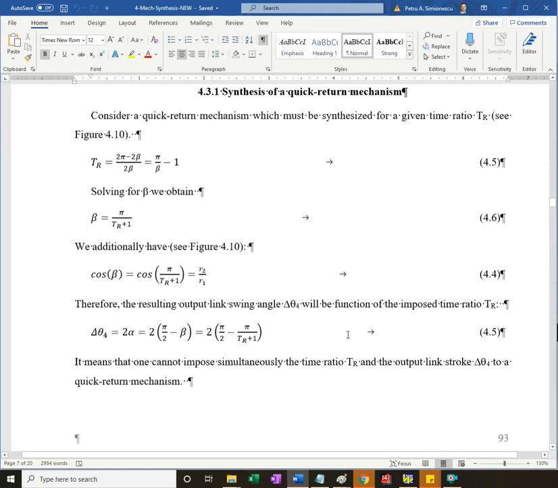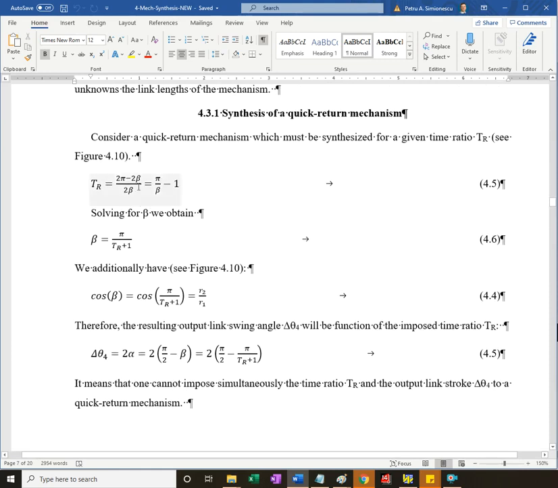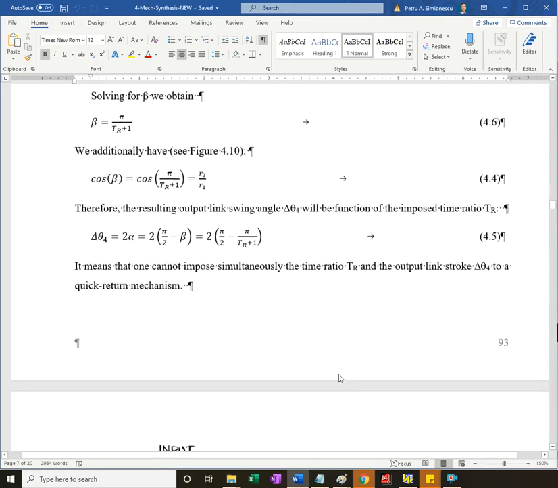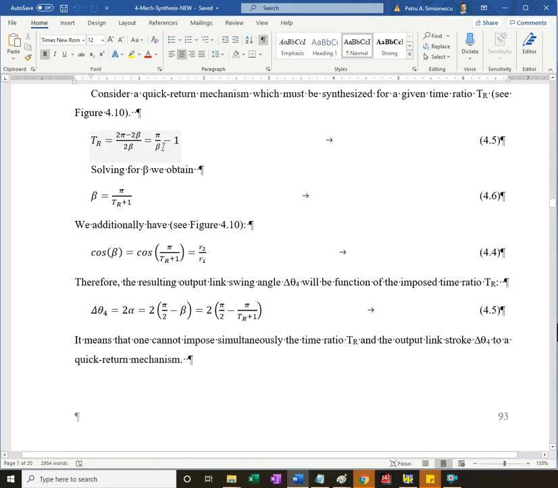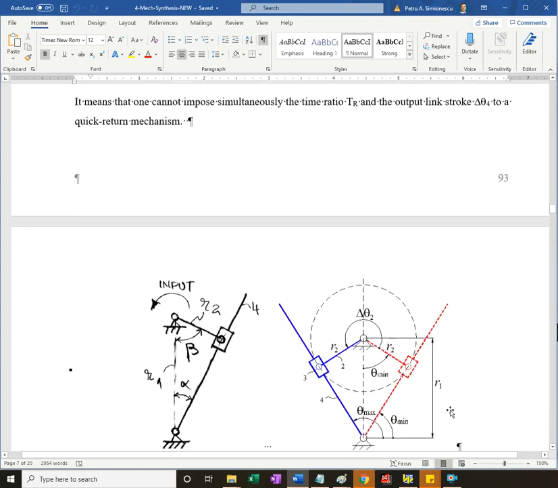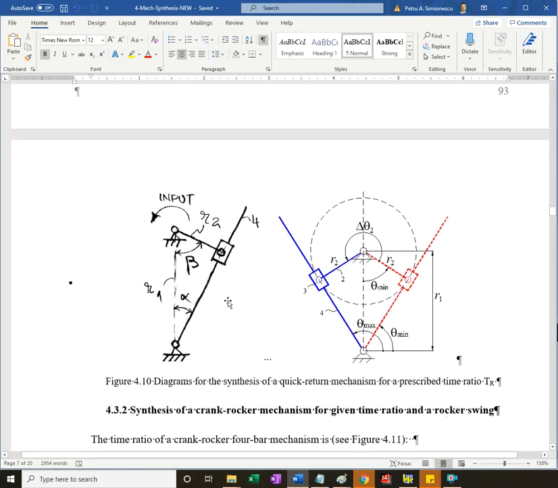So we're taking the equations that we worked with when doing analysis, and the time ratio is going to be, as is shown here, pi over beta in radians, and beta is this angle here. It has the name theta min.